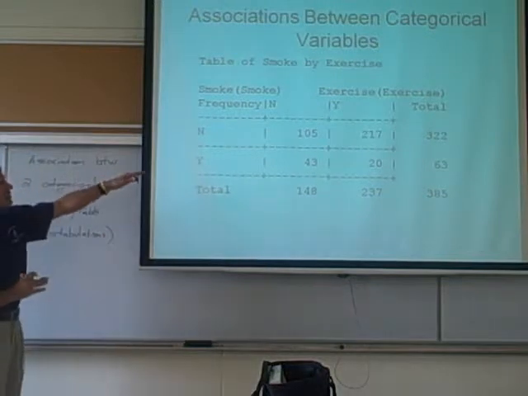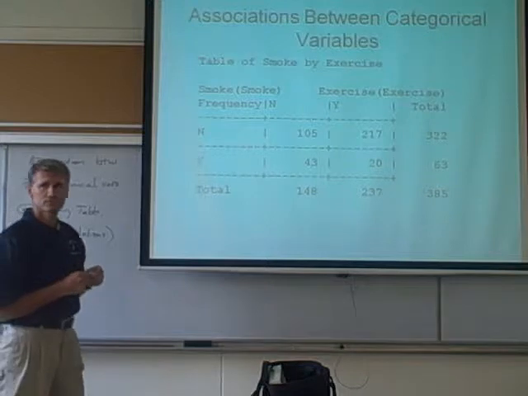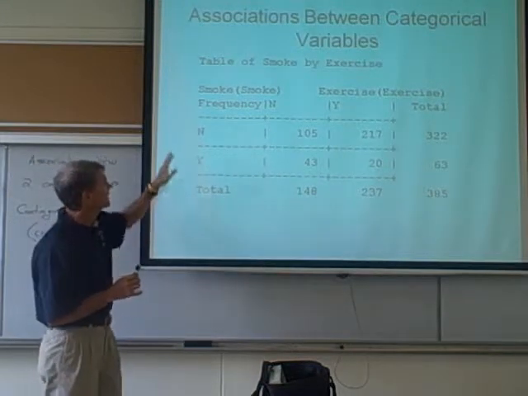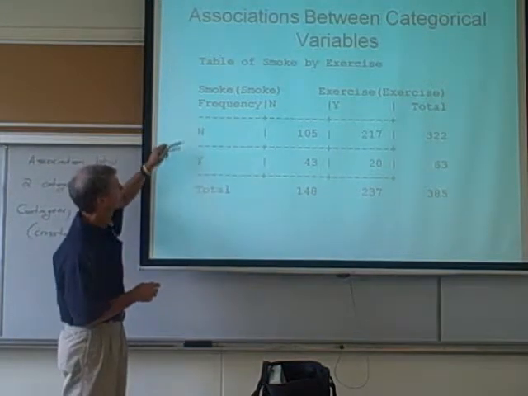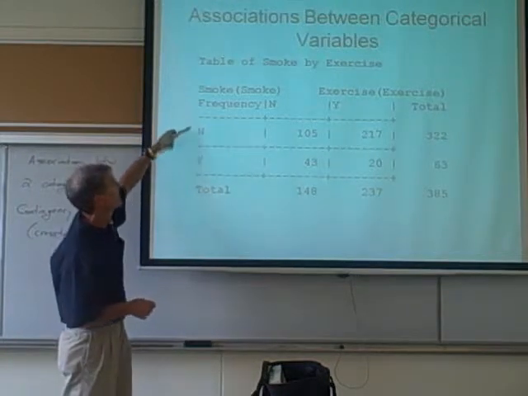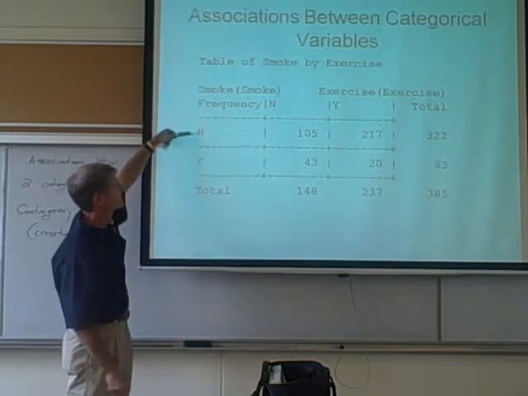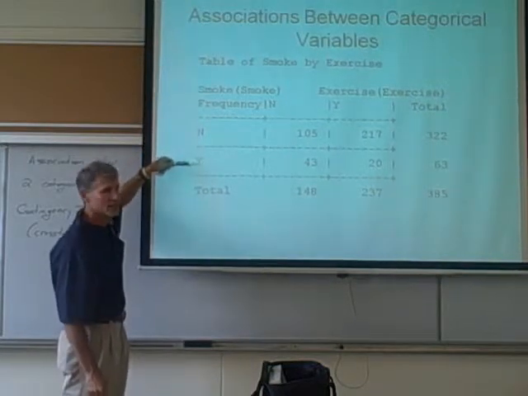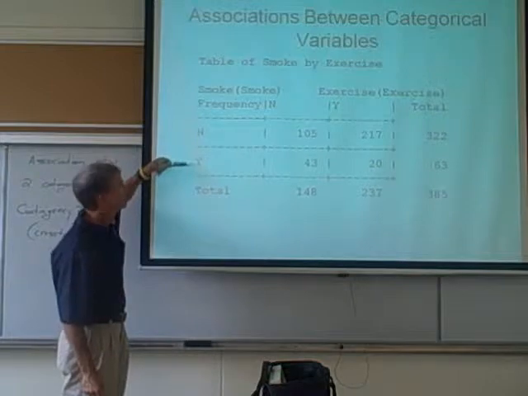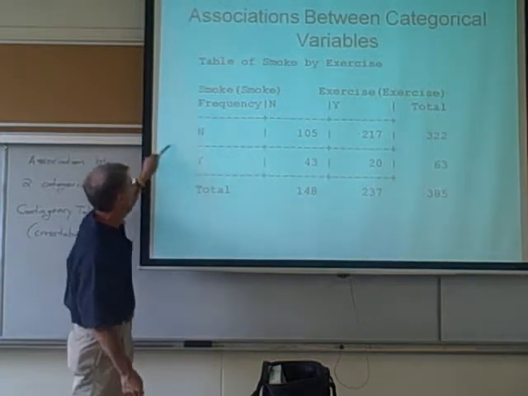So what are my two categorical variables in this table? Okay, smoking and exercising. So it's kind of hard to tell here, but this is the way the software I use prints it out. But smoking is this variable. So this is no, I don't smoke. Yes, I do smoke. Okay. So usually in the book or on an exam or whatever, I would have the word smoke written out here.